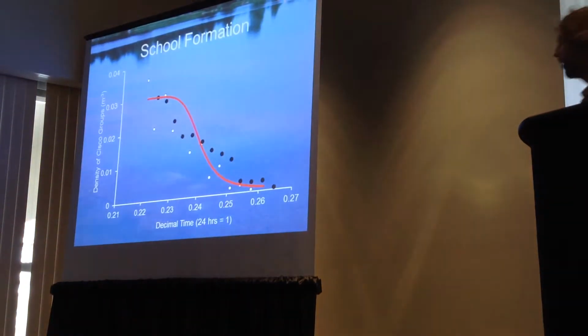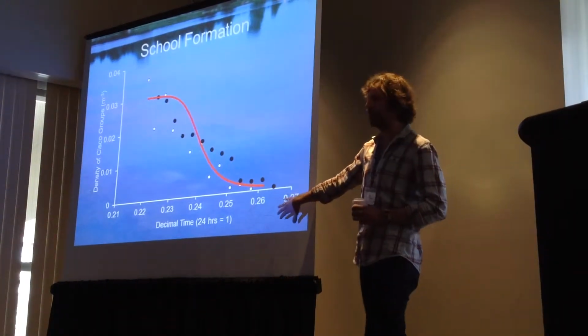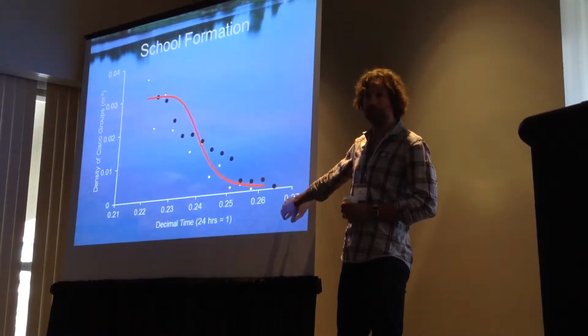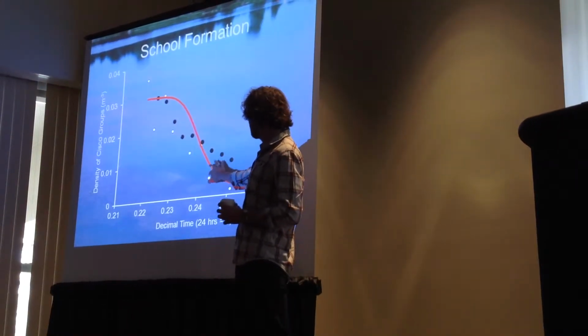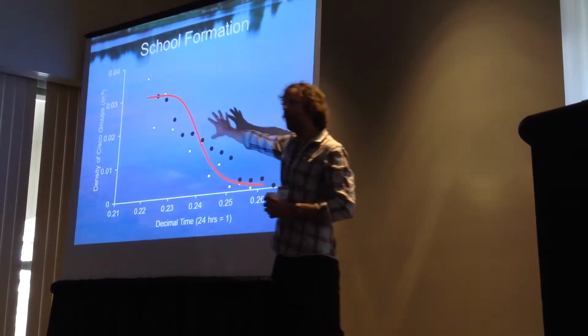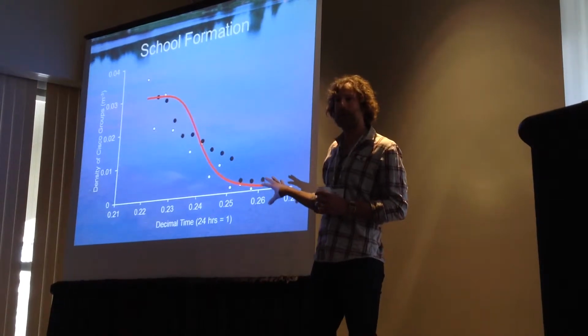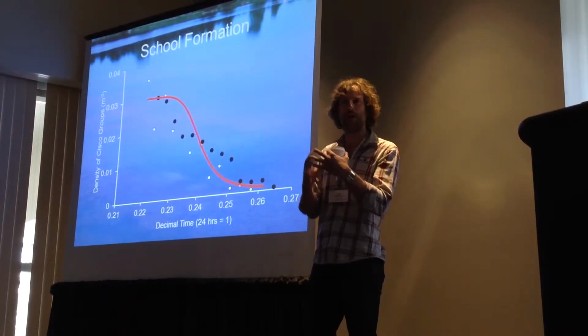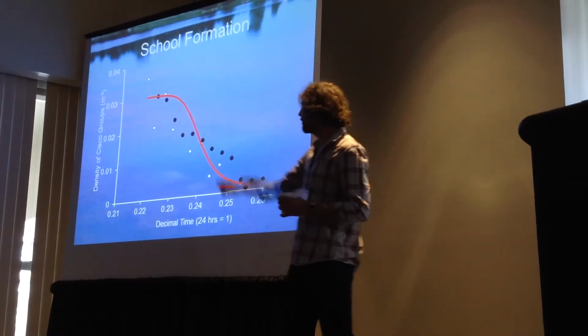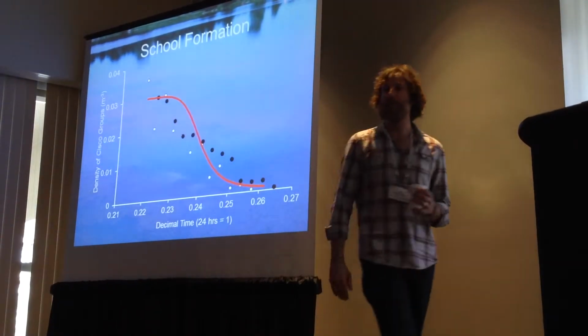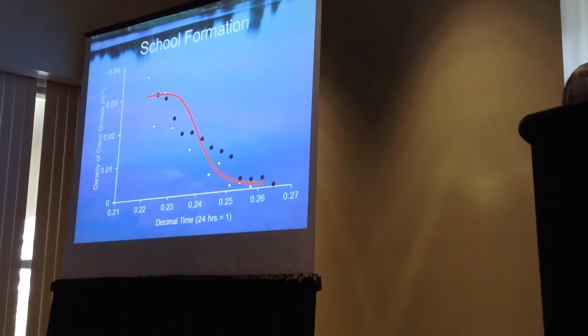And we did a pretty good job. So this is the morning. This is decimal time, which means that 24 hours in one day is equal to 1. And using hydroacoustic surveys on 2 different days, the white and black dots, we see the density of individuals in the pelagic zone decrease as schools form, right? So now we're just getting these patches forming and the overall density is going down. And you can see that our model did a pretty good job of replicating that morning event.